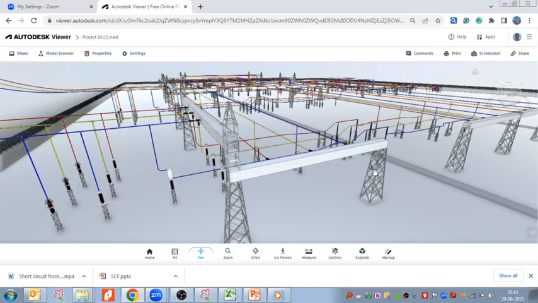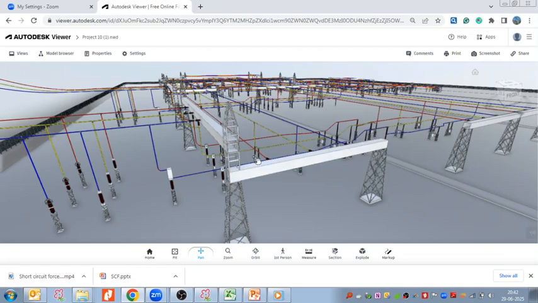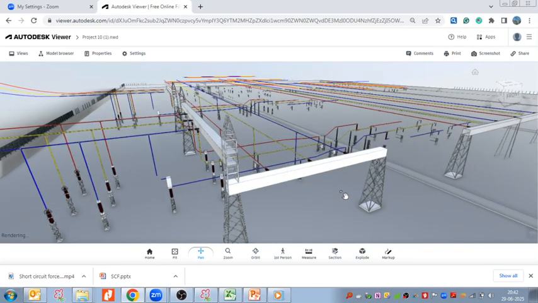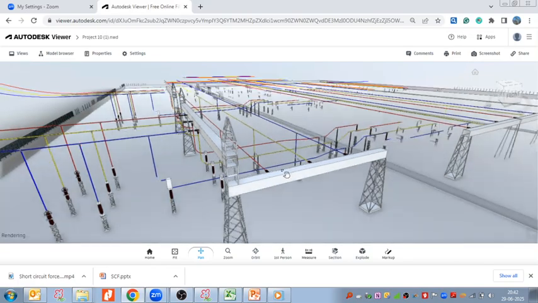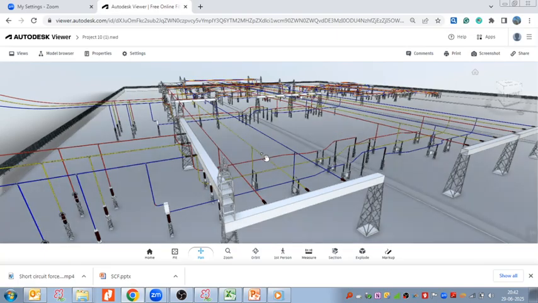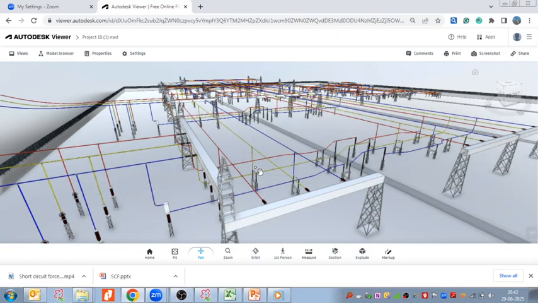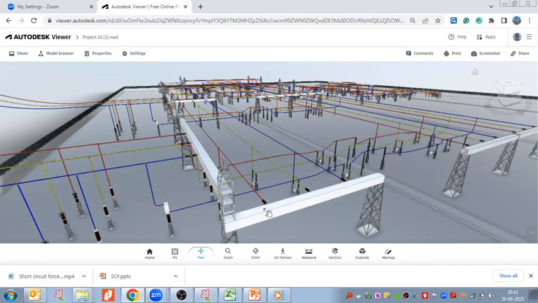But in the case of this structural design, along with this wind force, they will also need to know what my conductor weight coming on this is, what my static tension is, what my dynamic tension is, or we can say how much force is coming on this support structure, like gantry and tower.